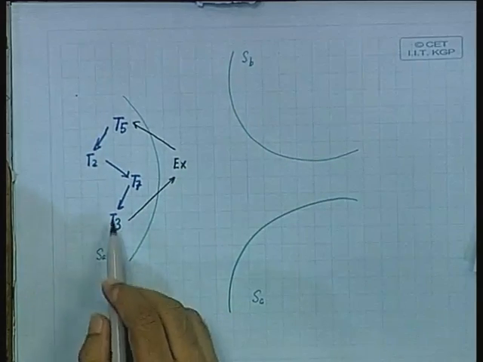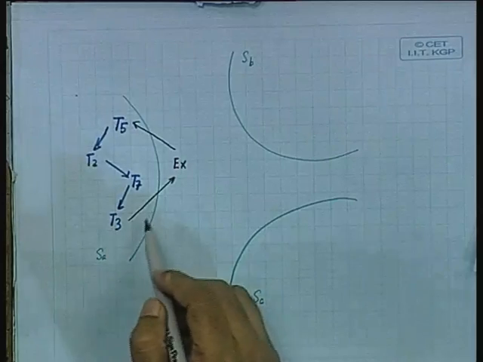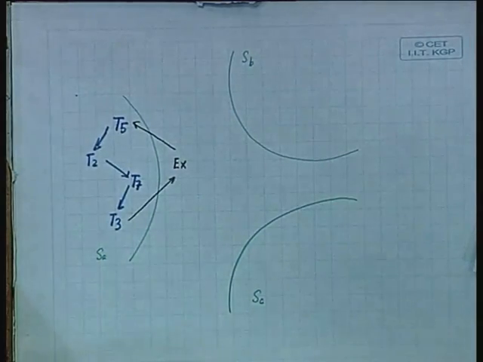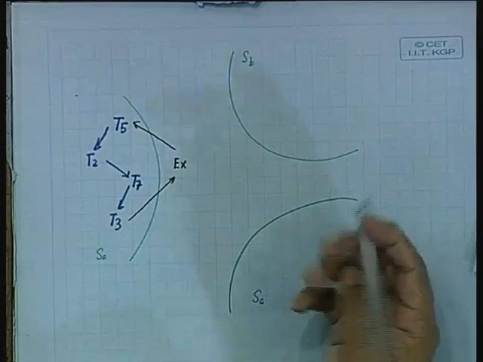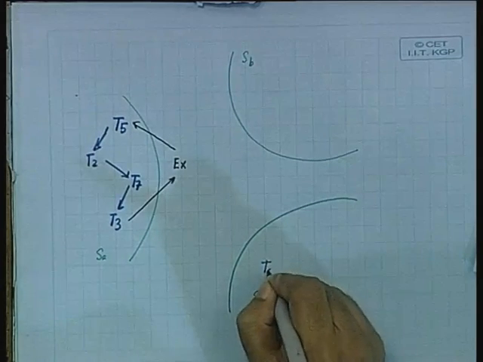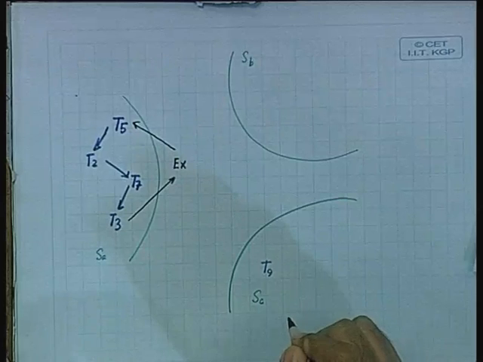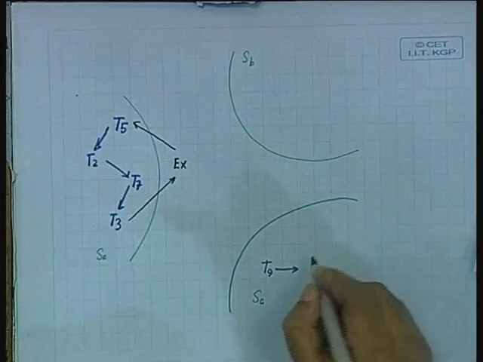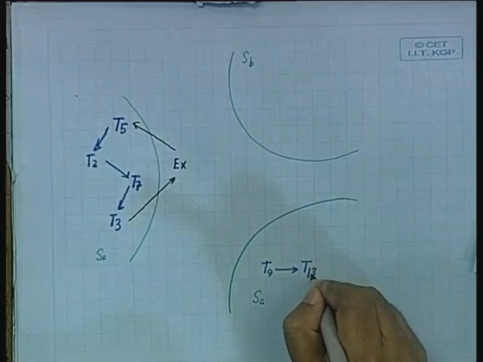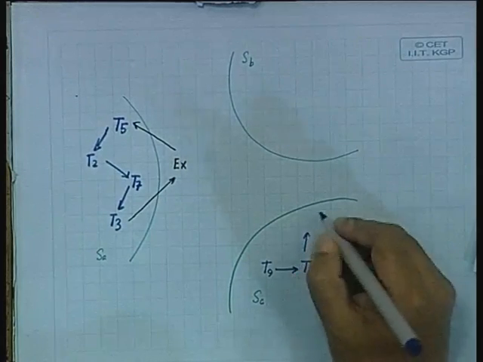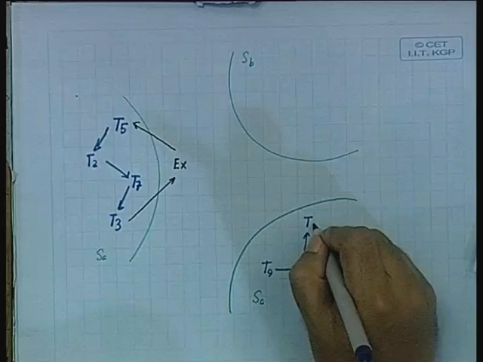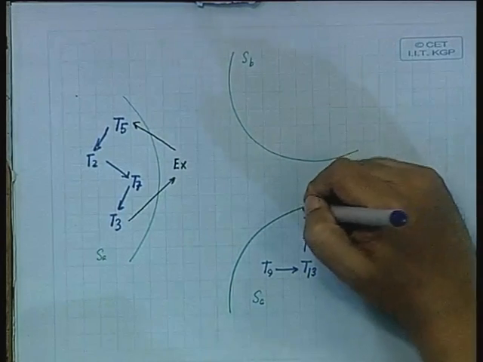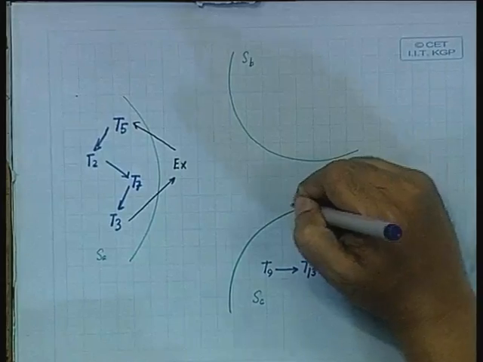Now, what we do is we start looking at T3 and finding out which is exactly the transaction on which it is dependent, and we find that it is dependent on T9 here, and then T9 to T13 through, let us say, T6, and then there is another dependency from here towards that.